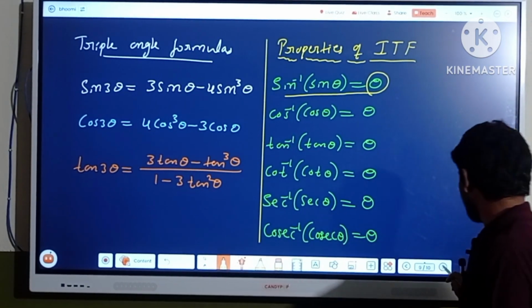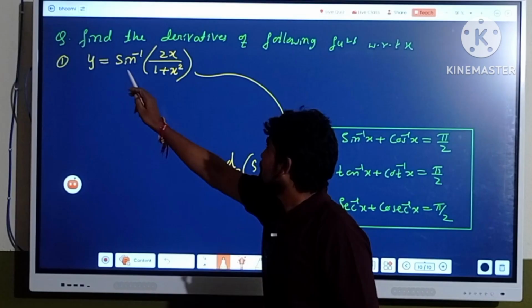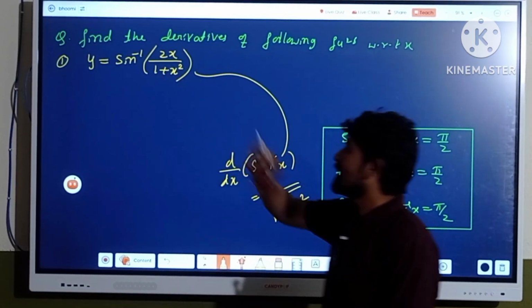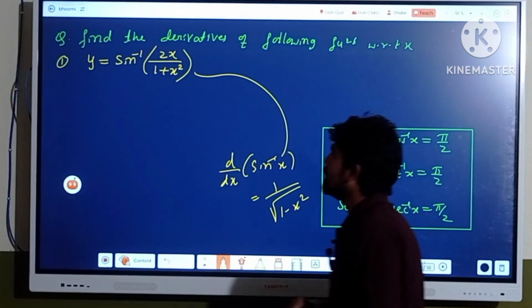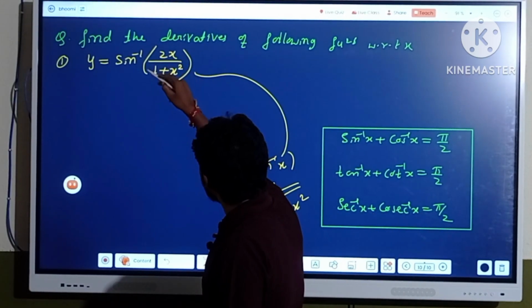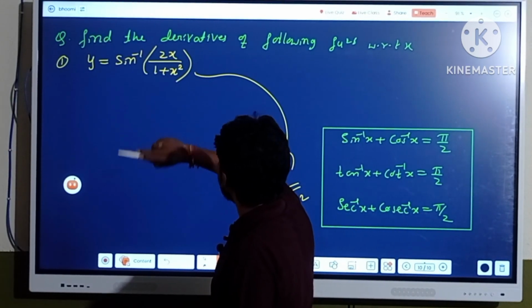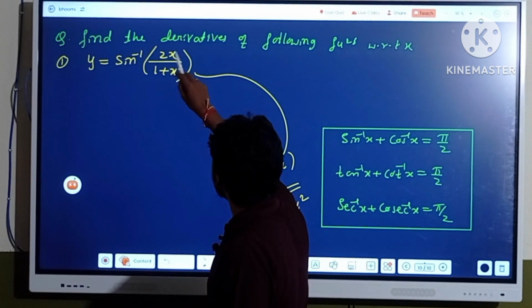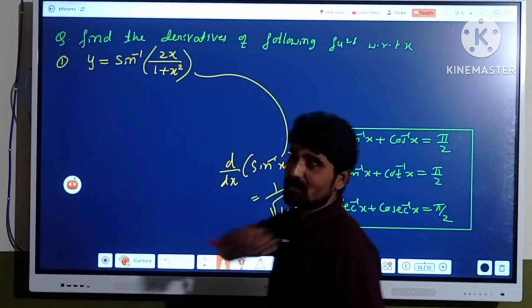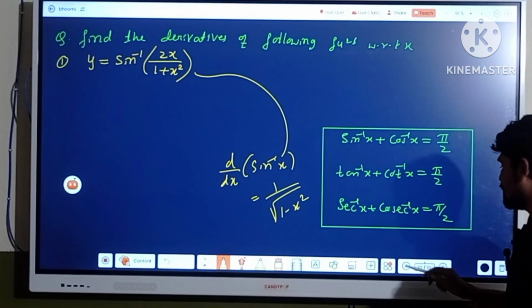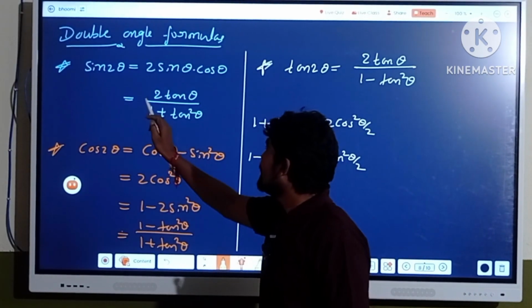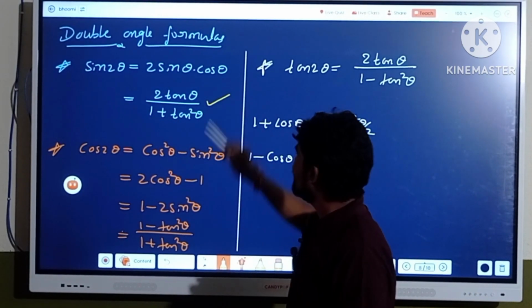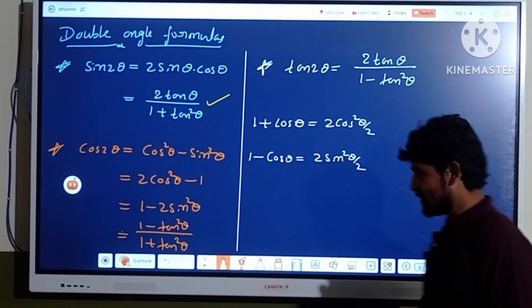So it means that first we need to express this as sine inverse of sine of something. To express it, observe the term inside the bracket. If we use x equals to tan theta substitution, it takes the form of sine 2 theta, that is what? 2 tan theta divided by 1 plus tan square theta.